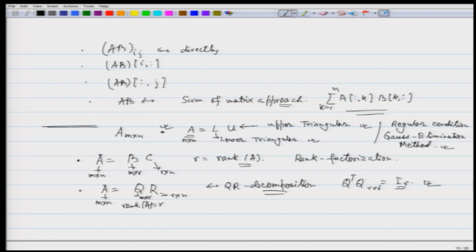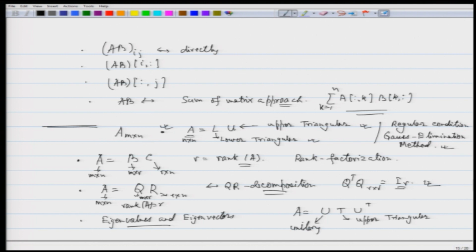Then there are 3 more which are related with what are called eigenvalues and eigenvectors, that we can write A as U T U transpose, T is upper triangular, all right, in certain cases, and U is a unitary matrix.